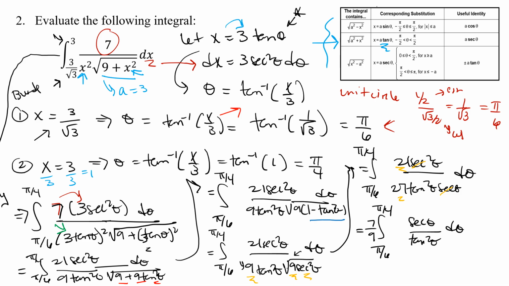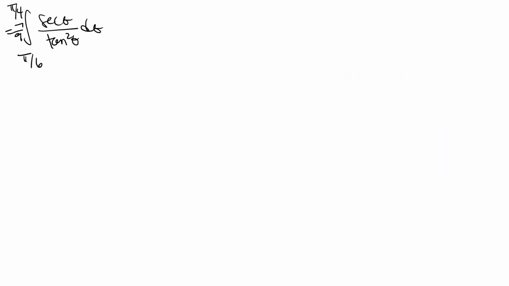All right, and so now from here, we're just going to simply rewrite our secant and rewrite our tangent in terms of its reciprocal identities. All right, so now continuing from that last line, we now want to see if we can rewrite our secant and our tangent in terms of sine and cosine.